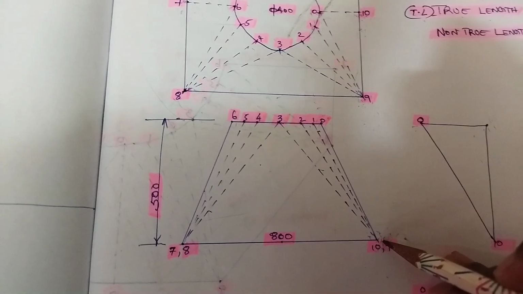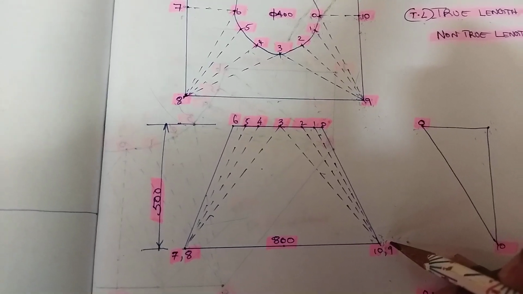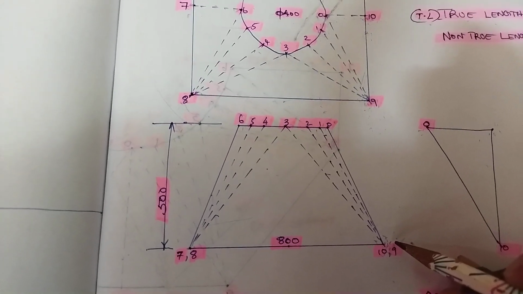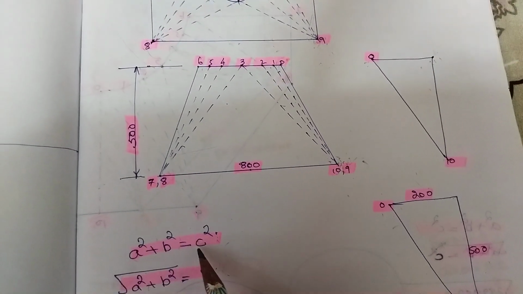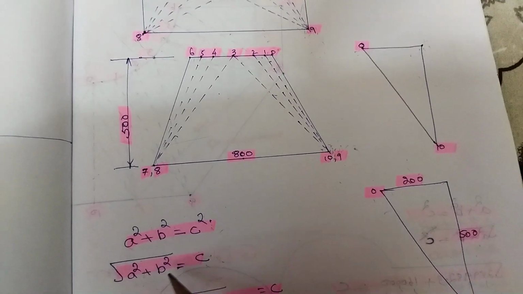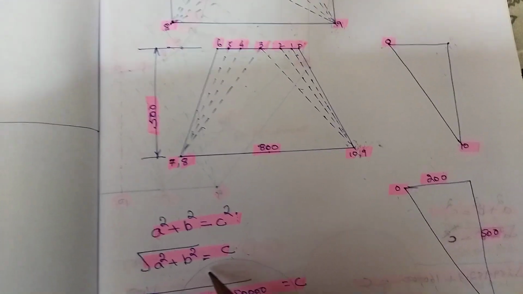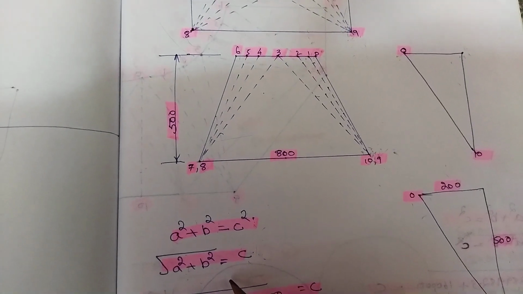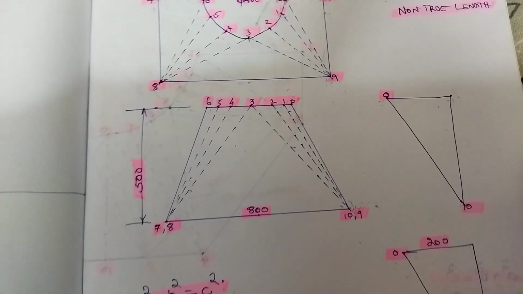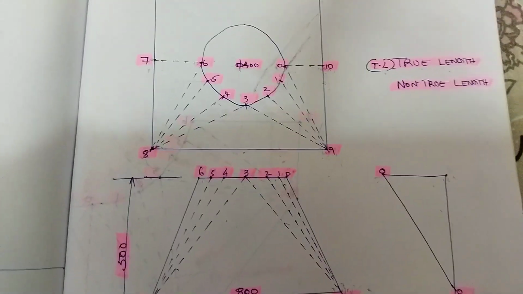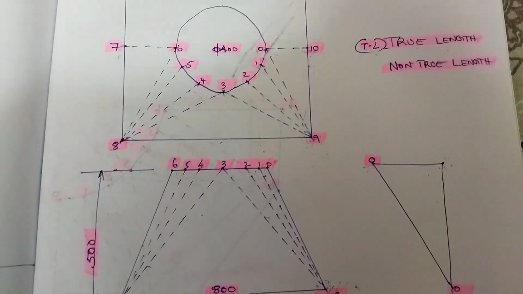With that triangle we can find out this hypotenuse length using the formula A square plus B square is equal to C square. I don't describe it now because in earlier episodes I have explained it. I don't waste time. We have to study a lot of fabrication related developments.